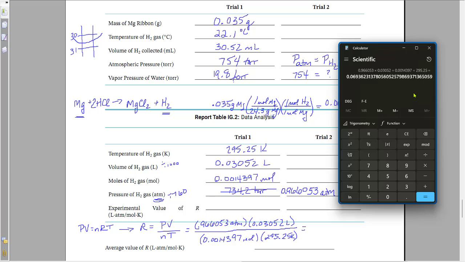I should get an answer that's at least on the same scale as the literature value, right? 0.0 something. 0.082 is the literature value. Mine's 0.069, pretty terrible. But oops, I made up these numbers, so maybe not so bad. 0.0696, right? Liter atmosphere per mole Kelvin.